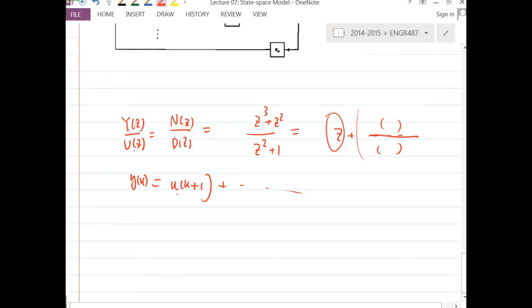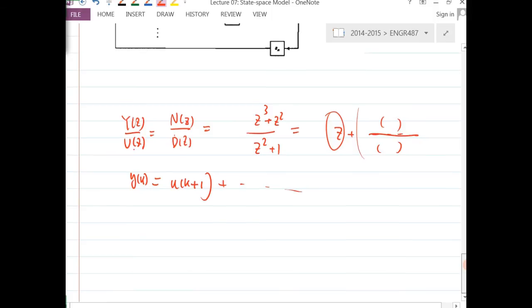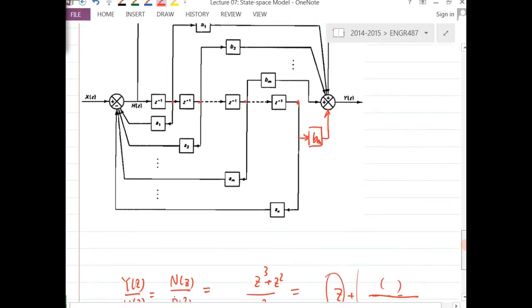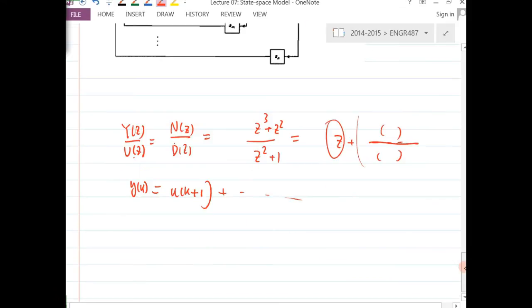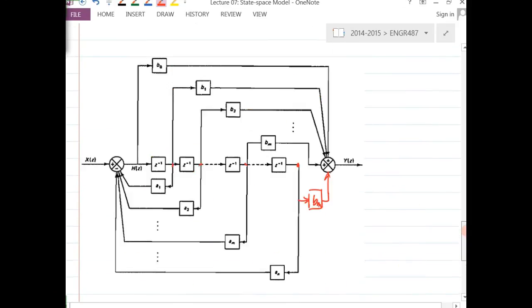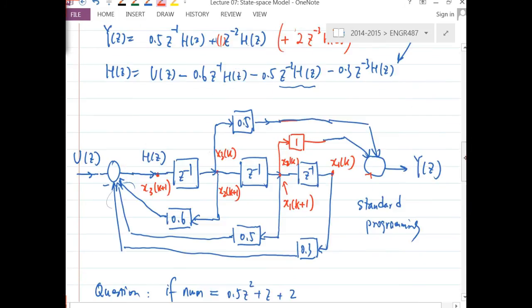So when the numerator shares the same order as the denominator, you can have the output depending on the current inputs. Does that make sense? Make sure you understand the reason behind the order differences there.